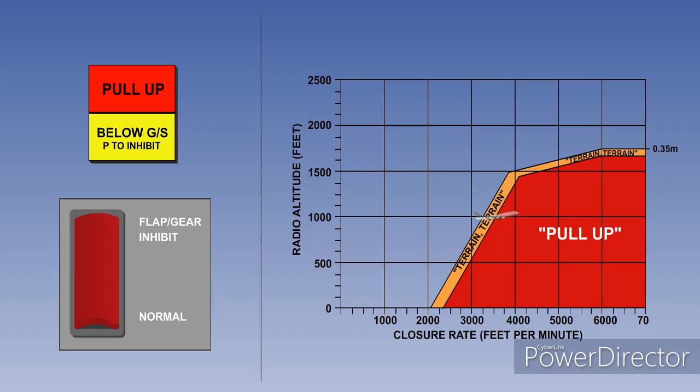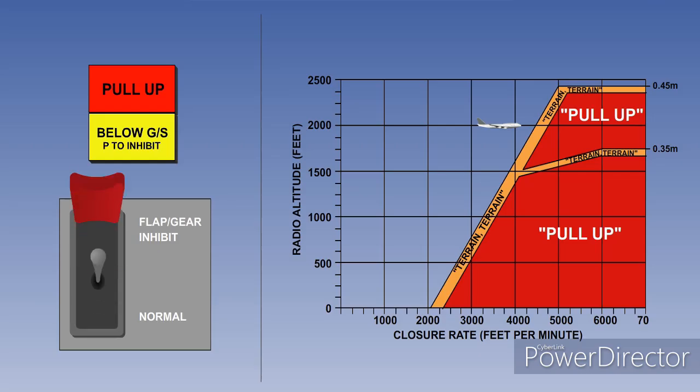As speed increases to between 220 knots, or Mach 0.35, and 310 knots, or Mach 0.45, with undercarriage up, the highest radio altitude at which Mode 2 operates is increased to 2,450 feet. This higher portion is inhibited with the flap override switch in the flap override position.